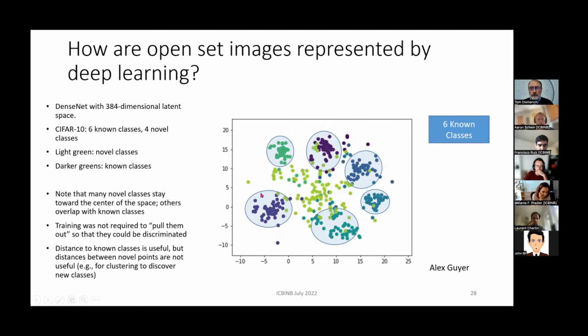But the light green points that belong to the novel classes, which of course are not in the training data, so the classifier isn't seeing them, occupy this space in the middle of the representations. Some of the points have been pulled out, a few of them have been pulled away, but an awful lot of them are still close to the origin. And so the naive mental model that the novel data are going to be outliers doesn't really hold. They're sort of super inliers here.